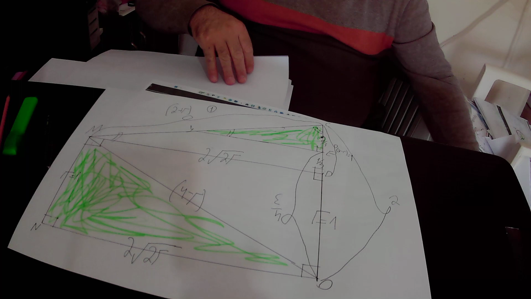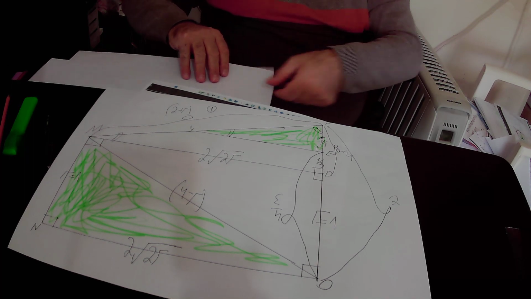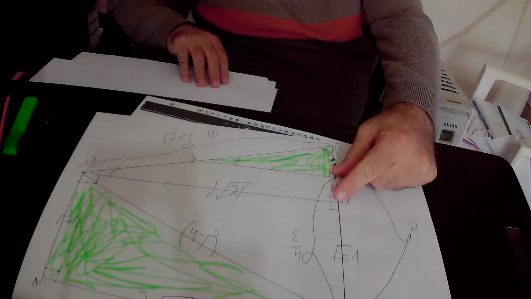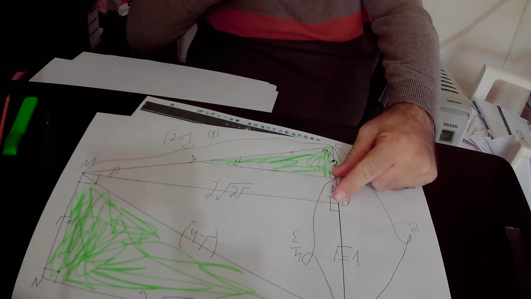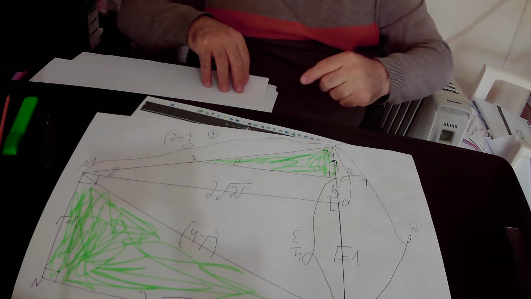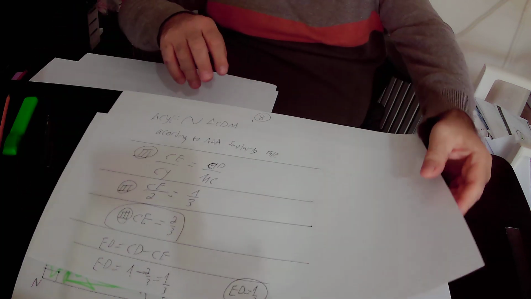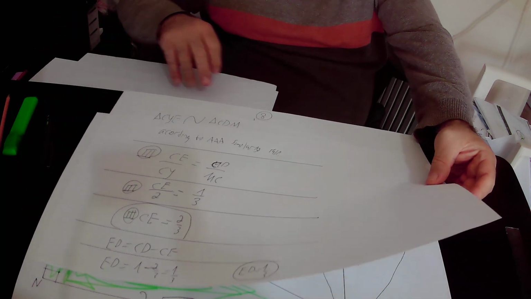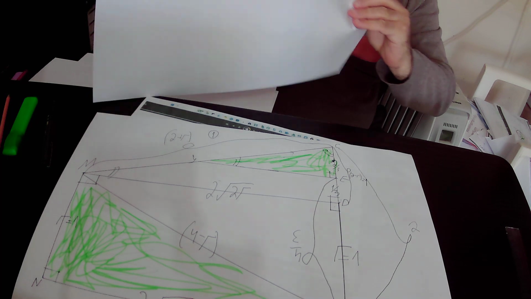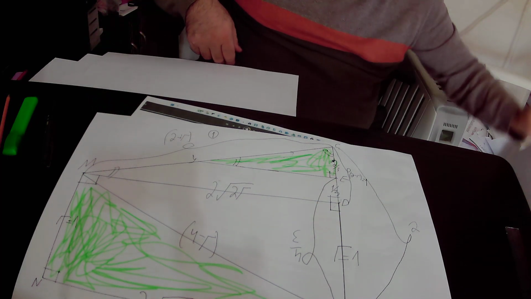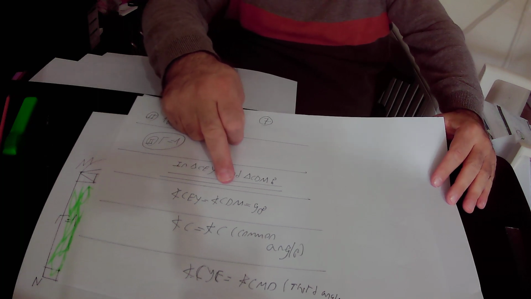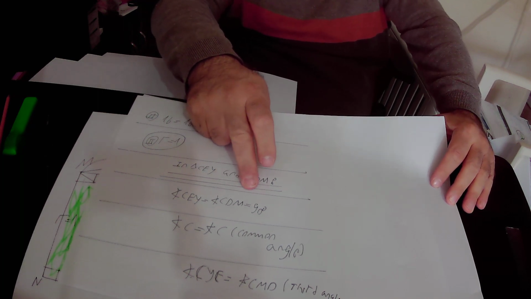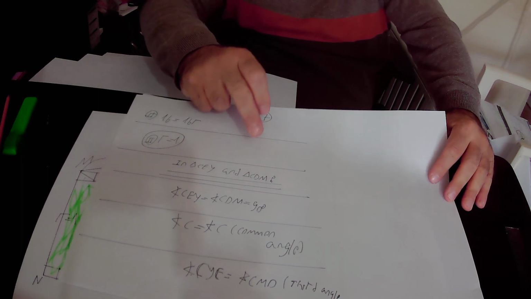Why are they similar to each other? First of all, we have those two angles. They are equal to each other, they are both right angles, so actually angle CYM equals angle CDM. They are both right angles, they are equal to 90 degrees.